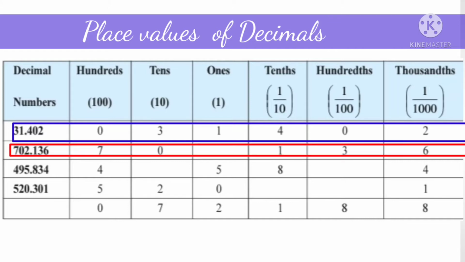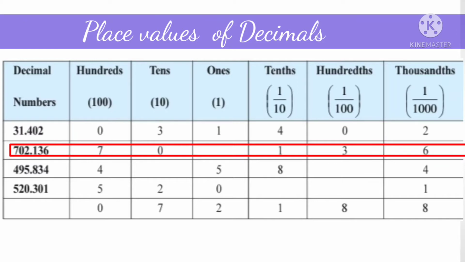The second decimal number is 702.136. Here 7 is in hundreds place, 0 is in tens place and 2 is in ones place. Then 1 has place value 1 by 10, 3 has place value 1 by 100 and 6 has place value 1 by 1000.